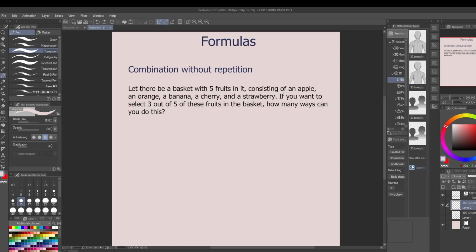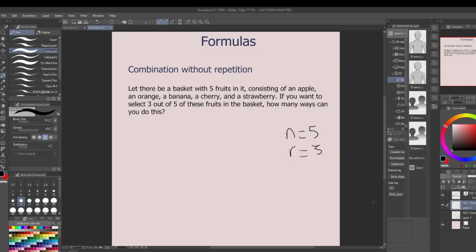So first we can identify what n is, so the number of total objects we have, which would be 5 because we have 5 fruits in the basket. And next we can identify what r is, which would be the number of selected objects, which would be 3 because the question says to select 3 out of 5 fruits.